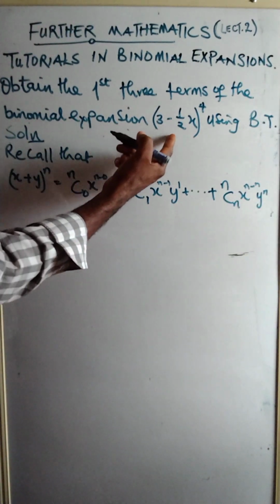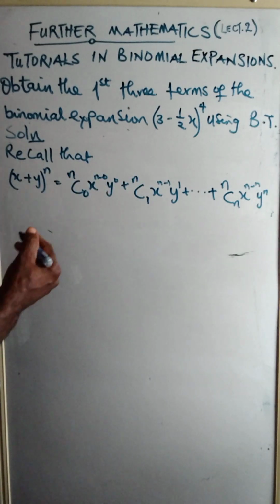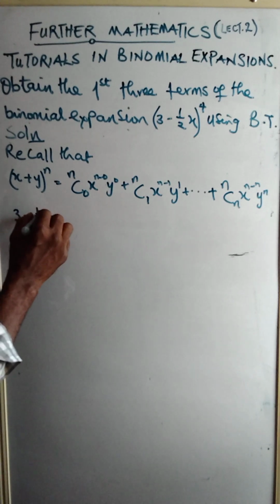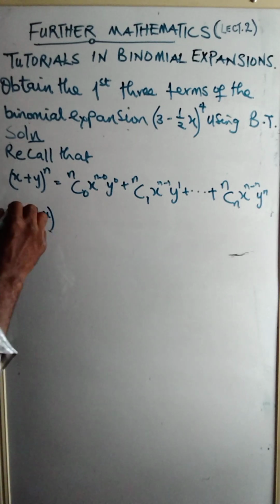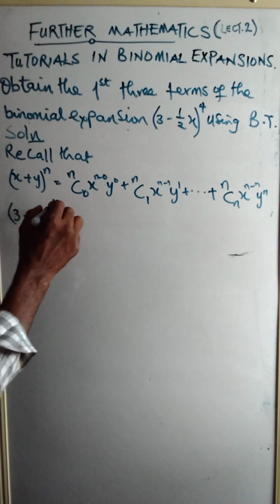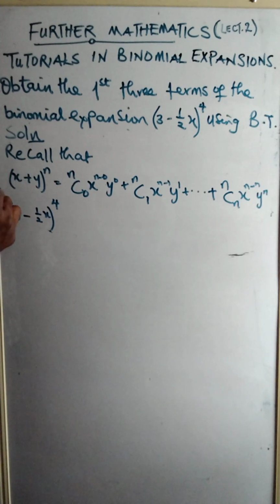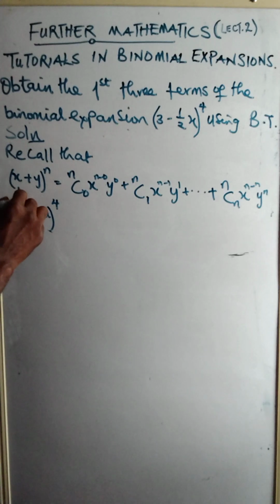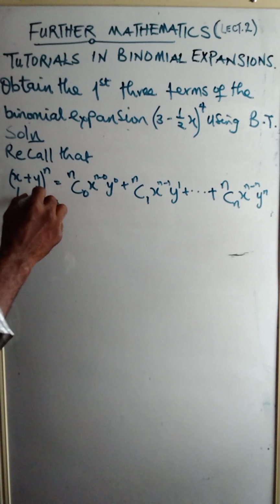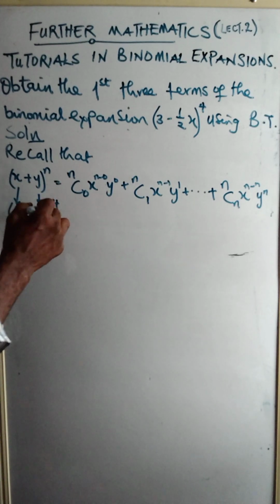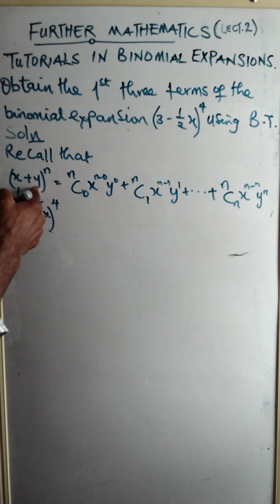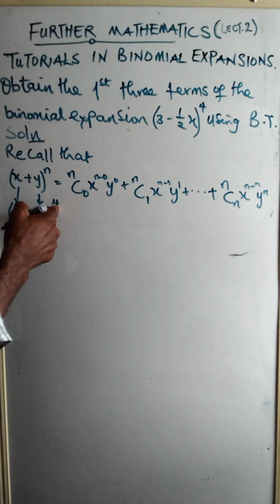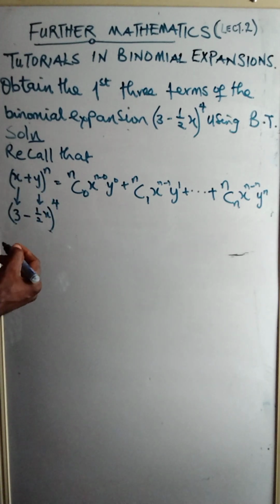So if you bring the binomial expression to be expanded, you write it this way. You have (3 minus 1 over 2x), everything raised to power 4, and by simple deduction, 3 stands for x, minus half x stands for y, and 4 stands for n as the power.